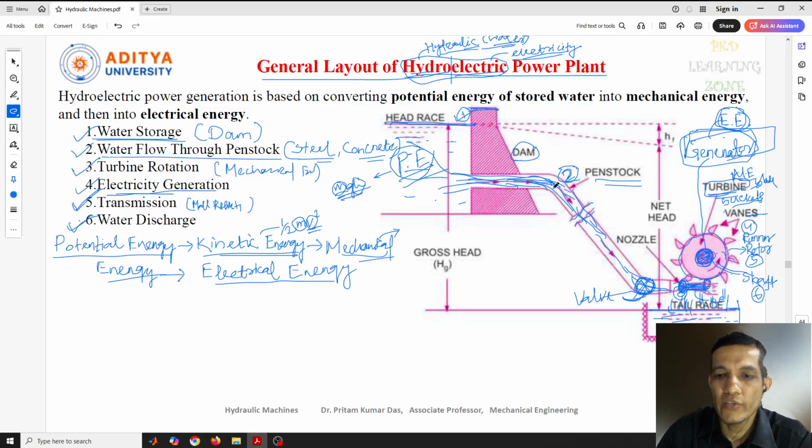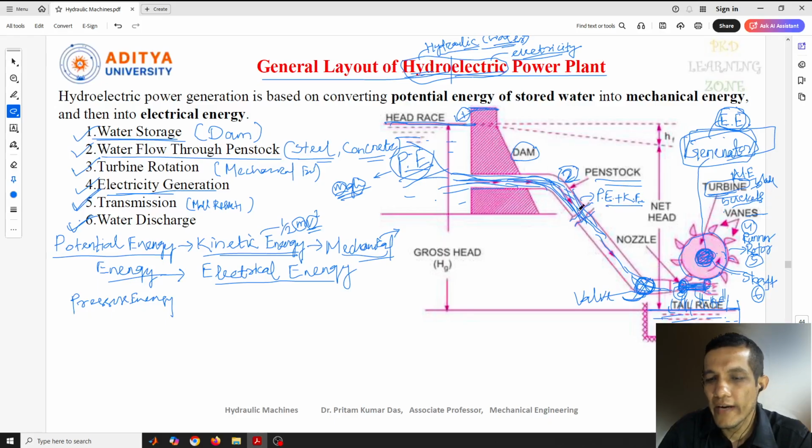What is the pressure which is present in this water? Because when the water is flowing, one more thing, pressure energy, is also present in the fluid. When the water is flowing, it has pressure energy as well as kinetic energy.